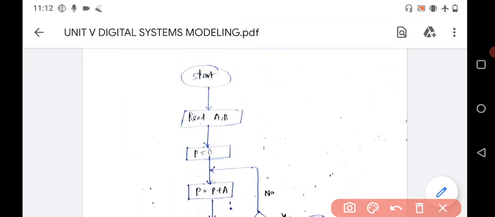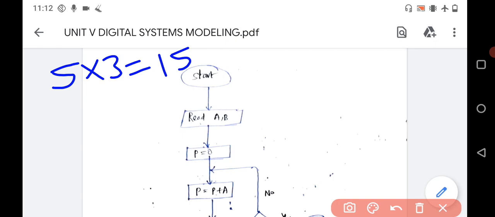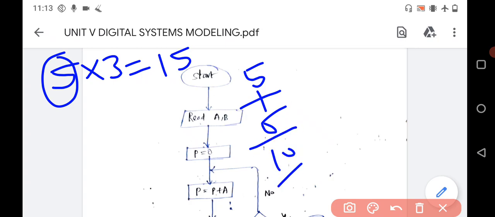If you add the same number three times, we can get 15 as the result. Initially 5, so 5 plus 5 is 10. Again if you add 5, then we can get a total of 15.